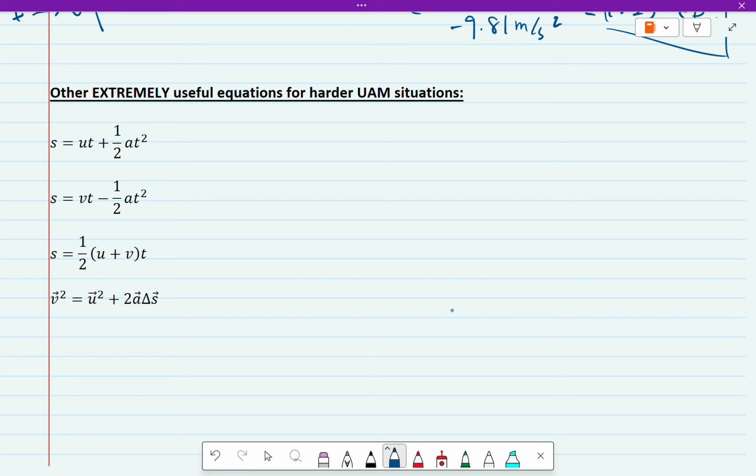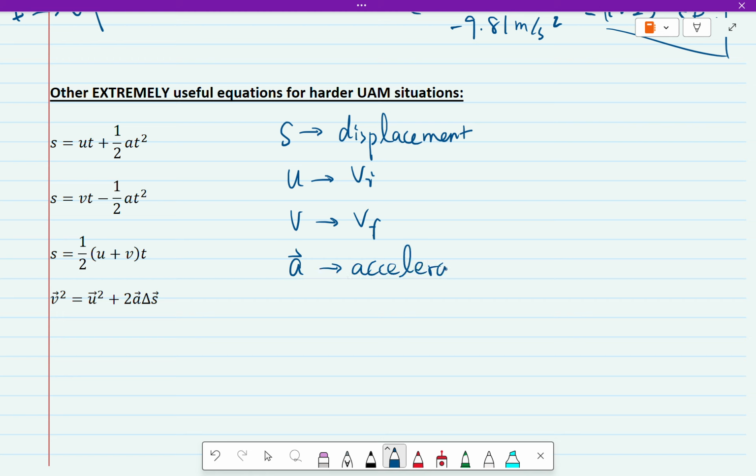So we actually have three ways to calculate displacement. So in these four formulas, S denotes displacement, U denotes initial velocity, V is final velocity, A is acceleration, and I think that's basically it.